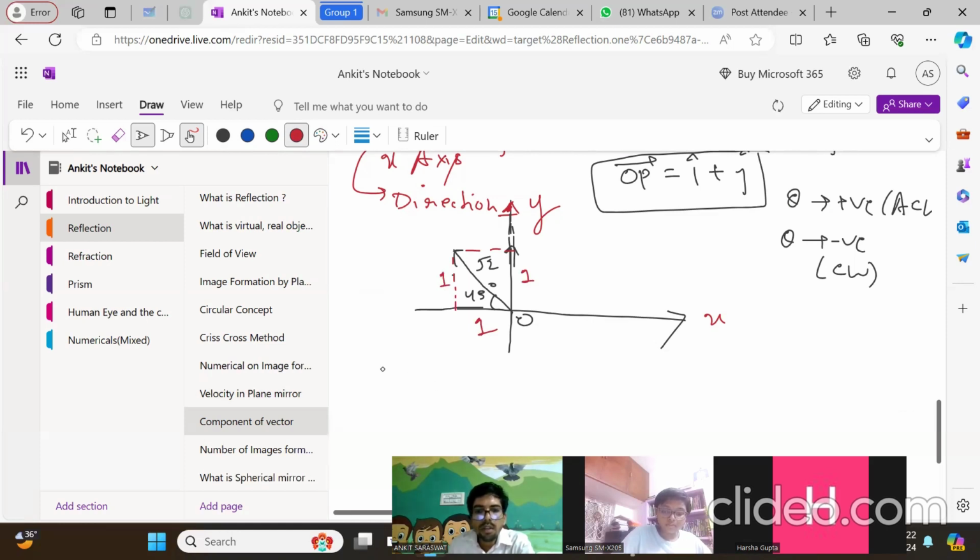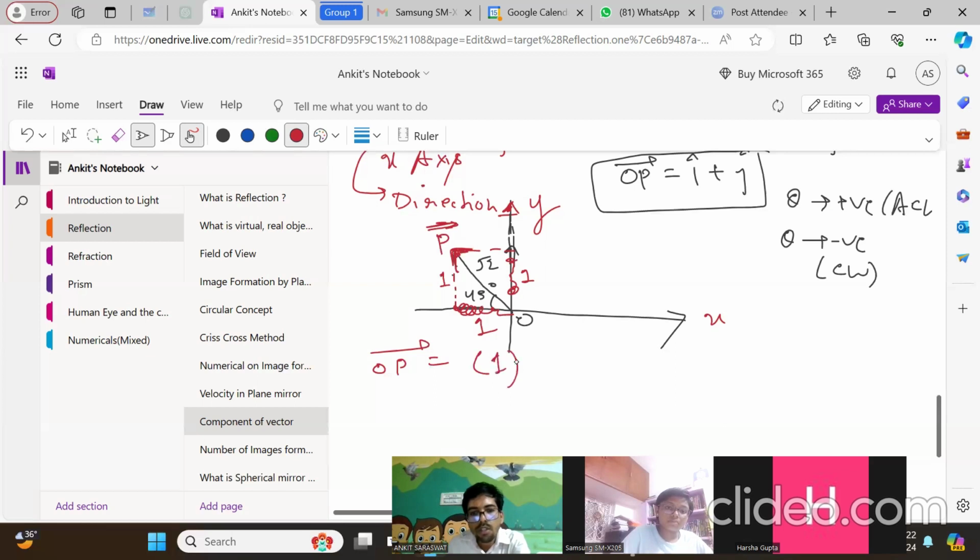Now, if they are asking for the OP vector, and this OP vector is going in this direction, then its shadows, one shadow will go in this direction, one shadow will go in that direction. Clear? Then the shadow on the x-axis is 1.